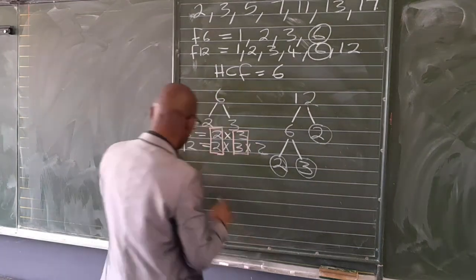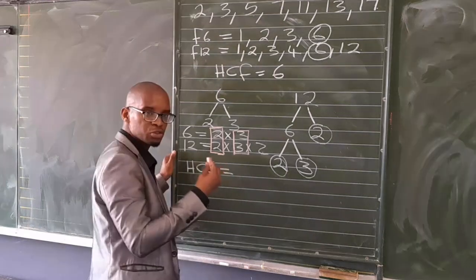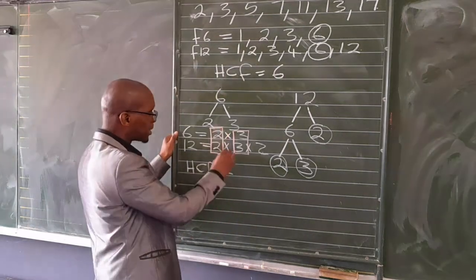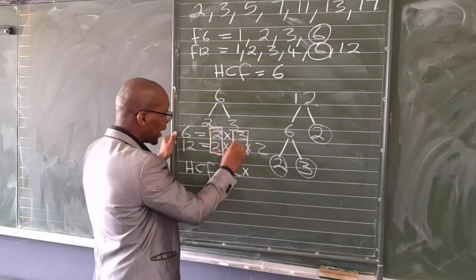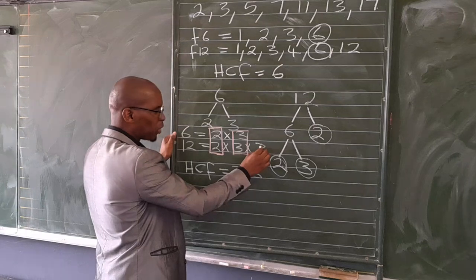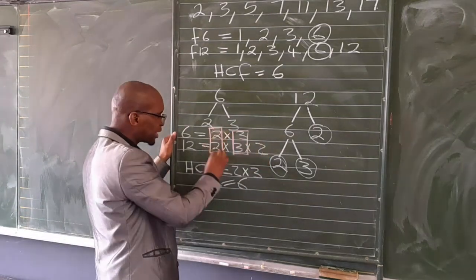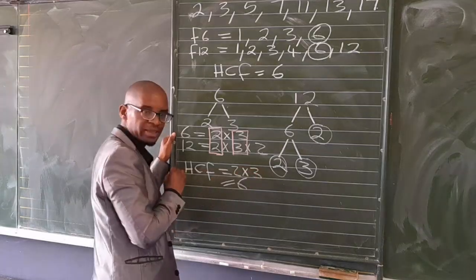So now that means the HCF of 6 and 12 is equal to, and now I go back to the numbers that I've circled. So it's 2 multiplied by 3, which is equal to 6. So I don't include these numbers. I look at the numbers that I've circled and I just add them once and I multiply them.